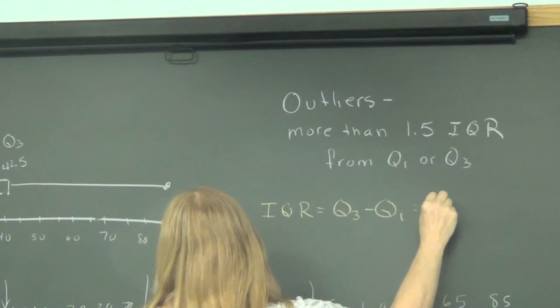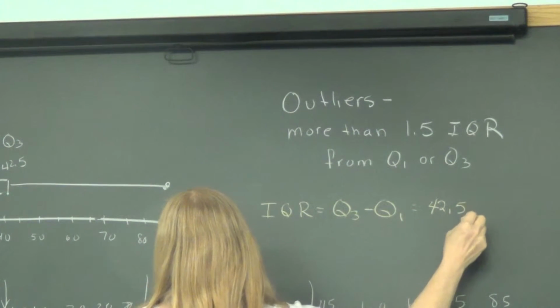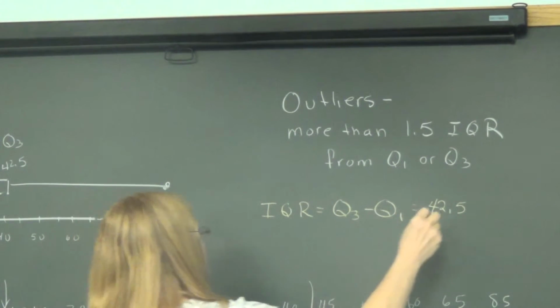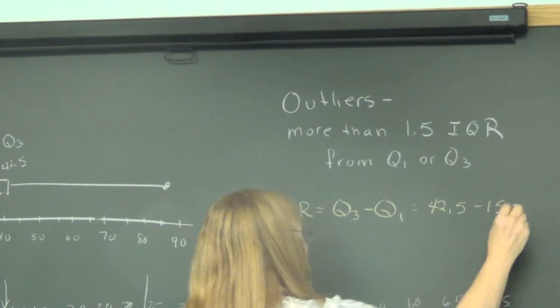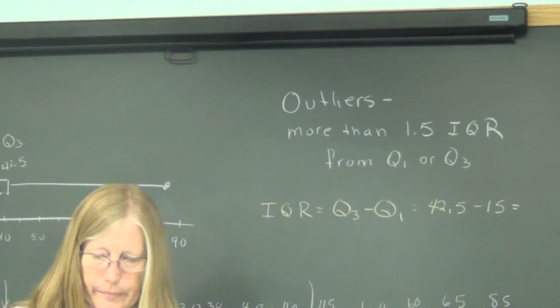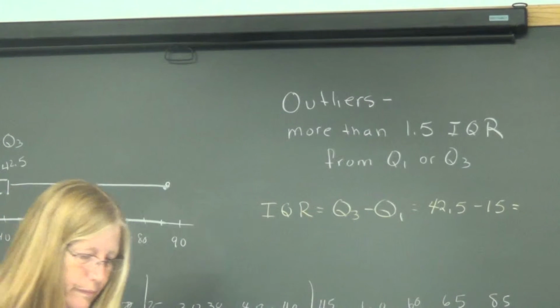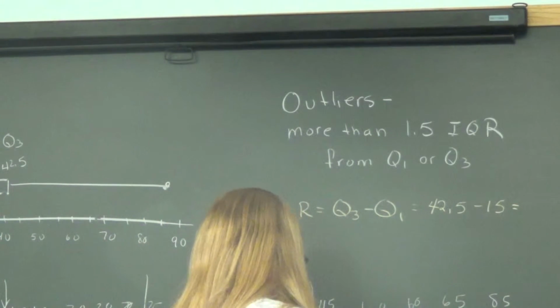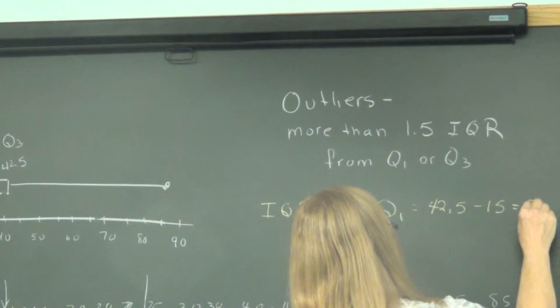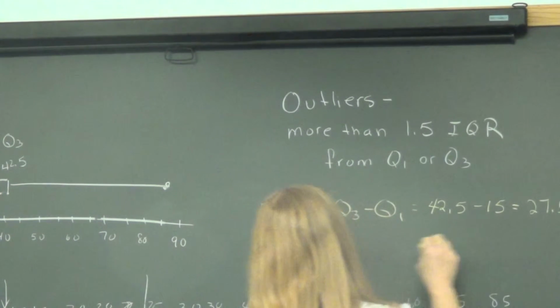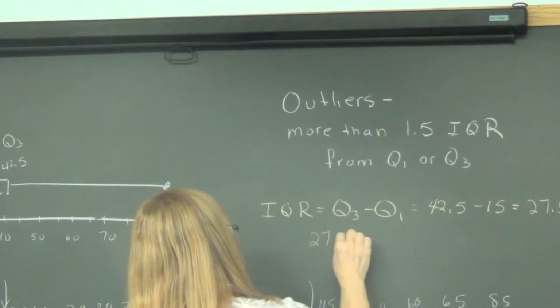42.5 is Q3, Q1 is 15. Would you get me that number, please? It would be 27.5. All right, and now that you have that on your screen, multiply it by 1.5.